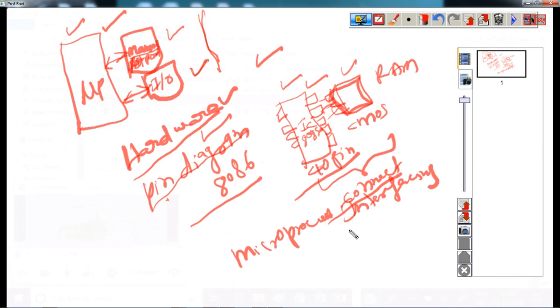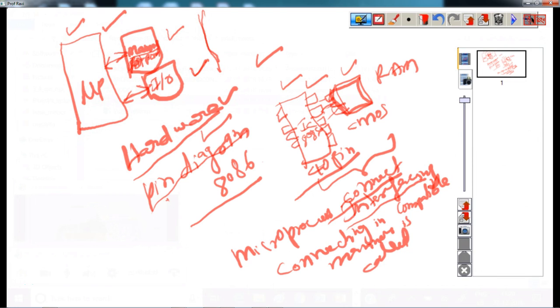So interfacing is connecting in a compatible manner. There is a difference between microprocessor connections and microprocessor interfacing. So what do you mean by microprocessor interfacing?